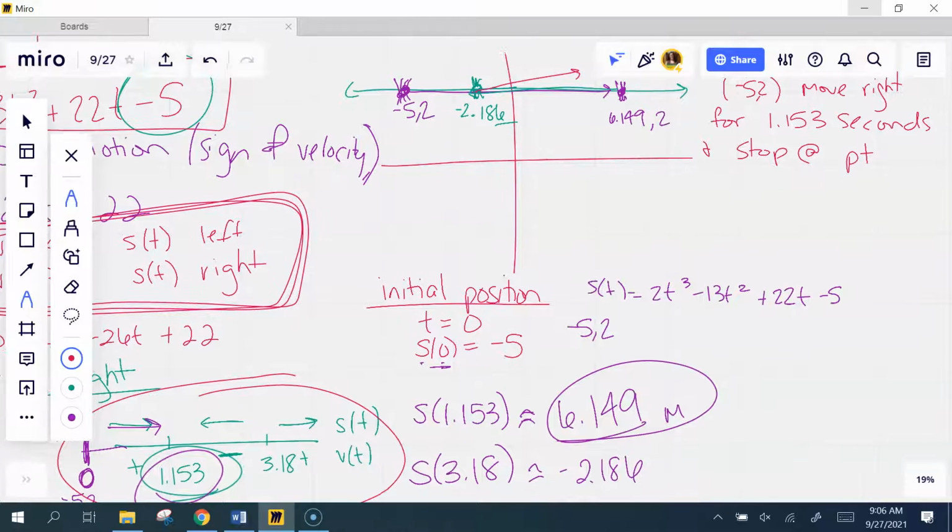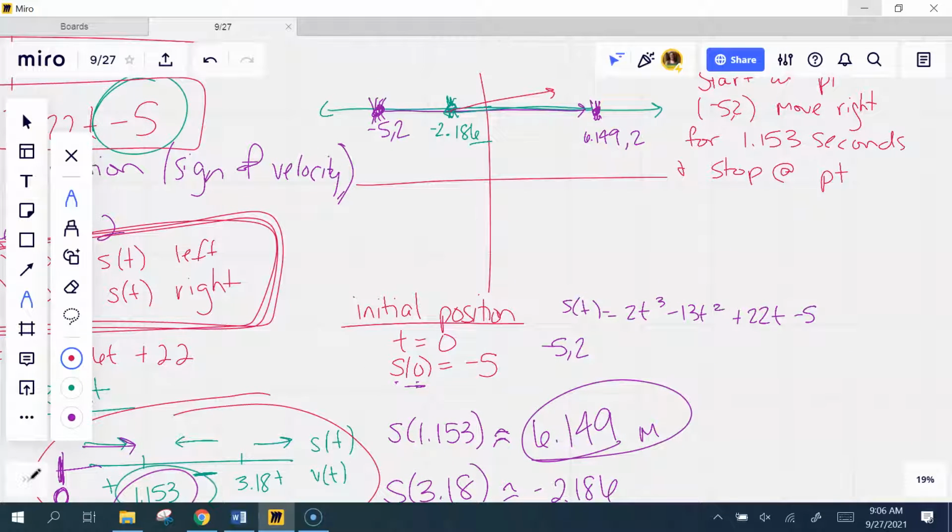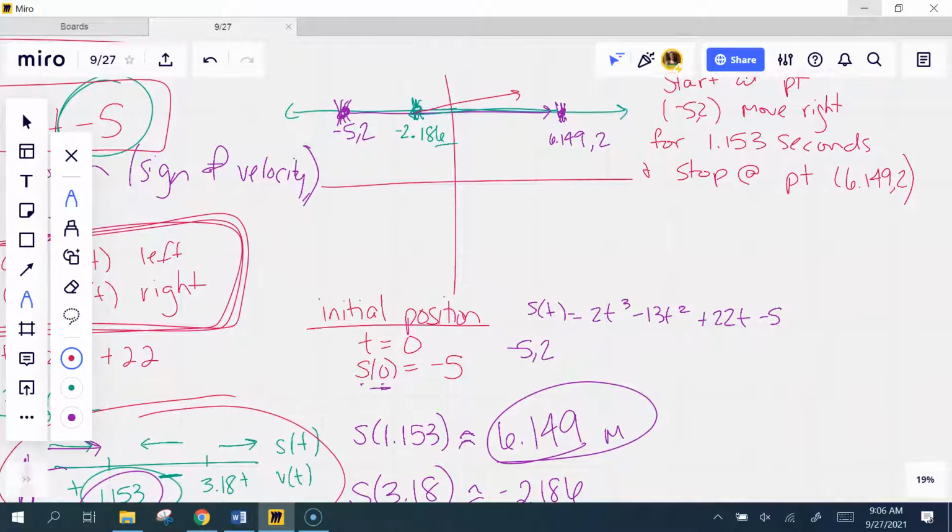What's my point? 6.149, comma 2. My bug changes direction. And then he moves left.